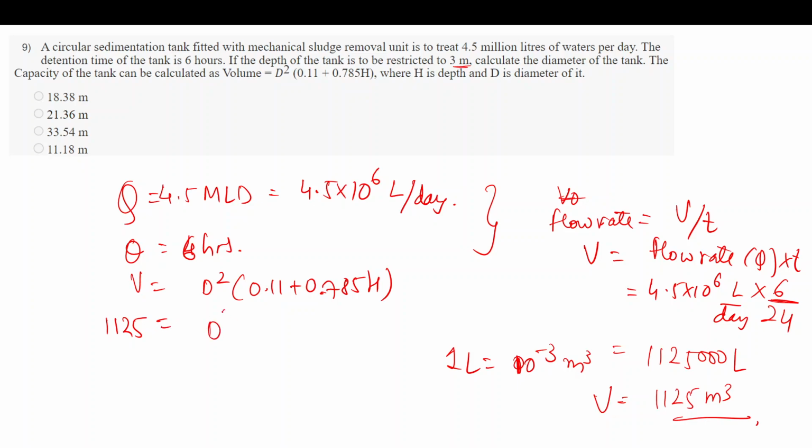1125 equals D square, which you don't know, into 0.11 plus 0.785 into H, which is given as 3.